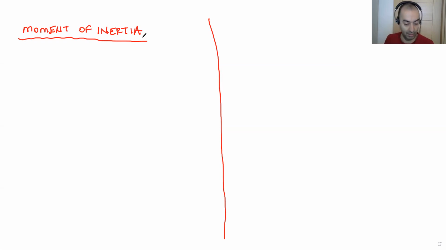Let me give you an example. If I find my ruler here, where is it? Okay, this is the book, my structural book. You can see here my beam.